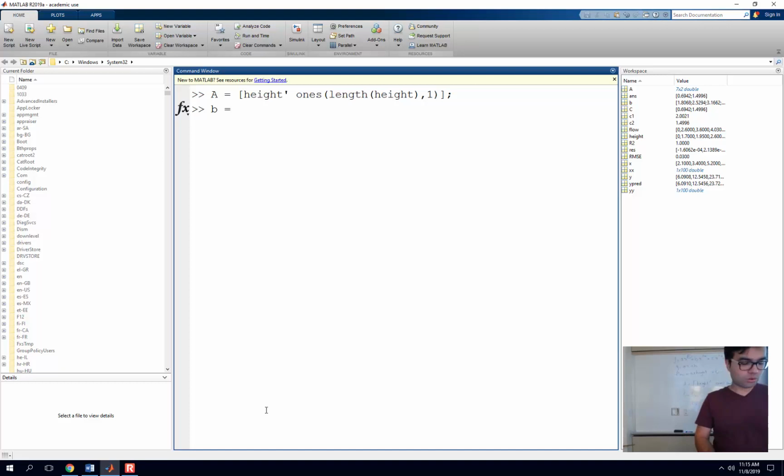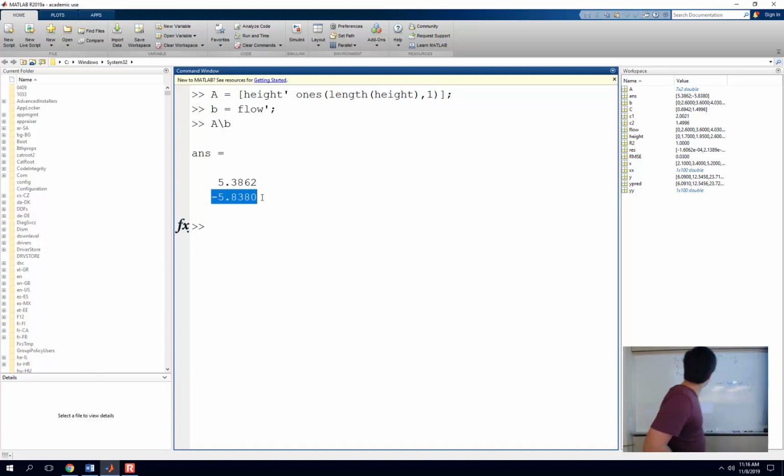B is equal to flow prime, and A backslash B. Oh, well, okay. Maybe instead of A times height plus B, I should use C1 and C2. That's probably a better choice. So the first element, 5, is C1. The second element, -5, is C2. The two unknowns.